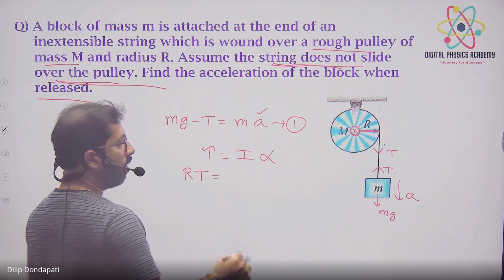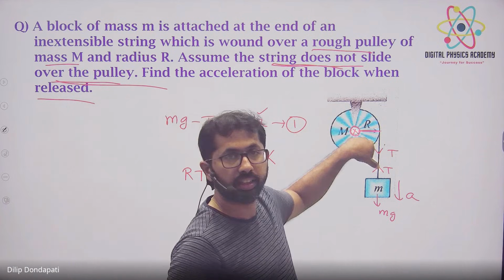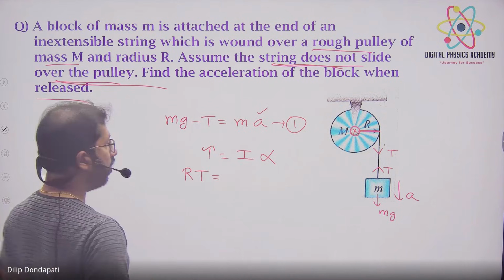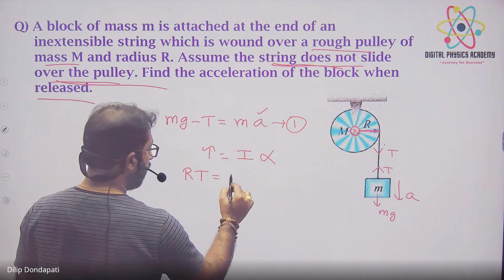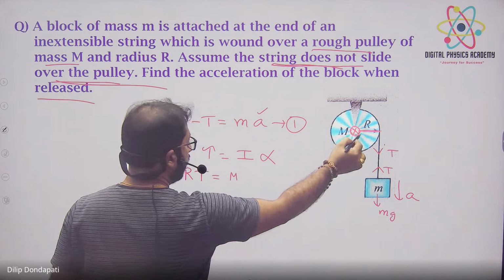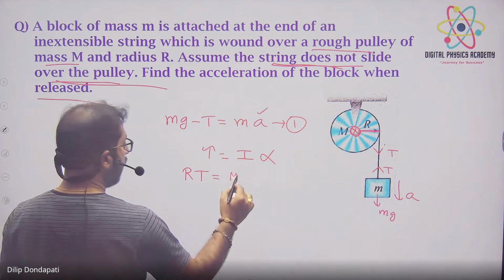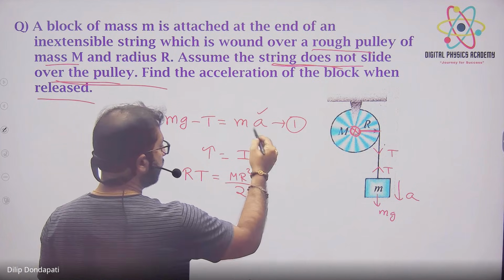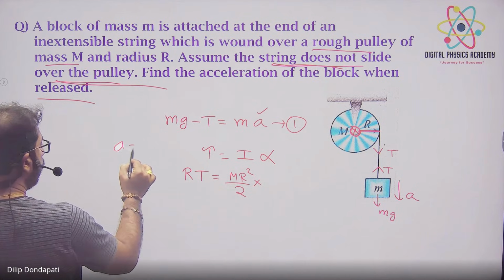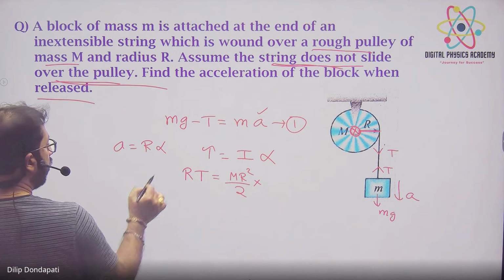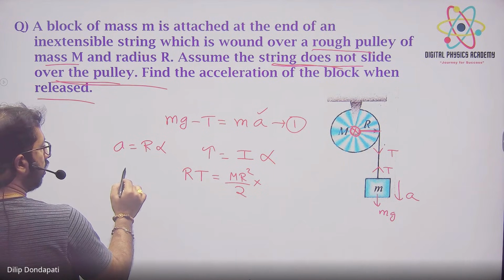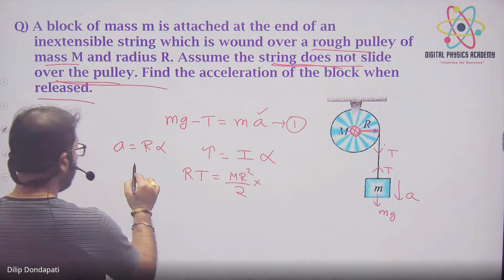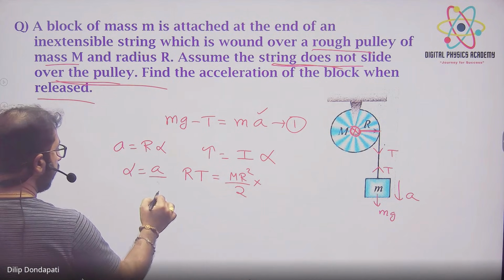T into R is equal to what is the moment of inertia of a disc? Moment of inertia about this axis is how much? mr square, because about this axis we are seeing it. Center में क्या होगा? mr square by 2 into, what is the acceleration in terms of A equal to R alpha, right? And therefore alpha के जगह में A by R, right?